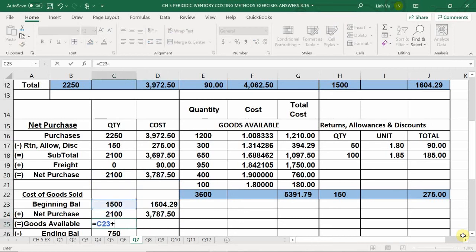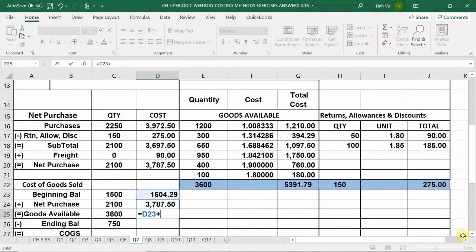Okay, so what is my total goods available? $3,600 at a total cost of $5,391.79. Good. So now our goods available match.